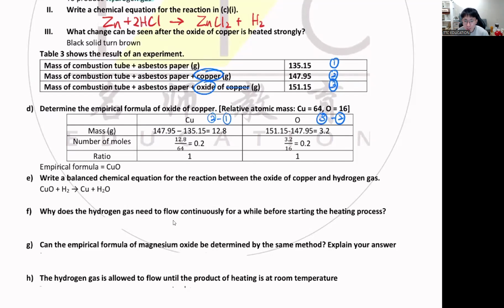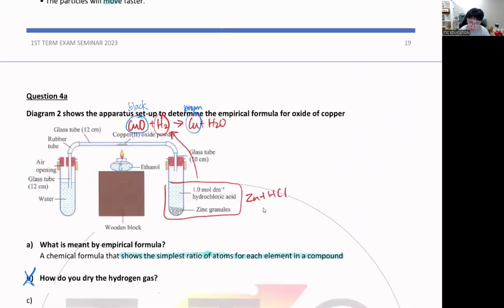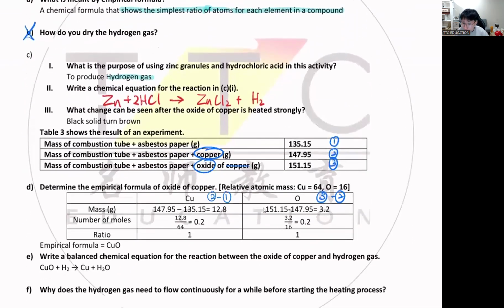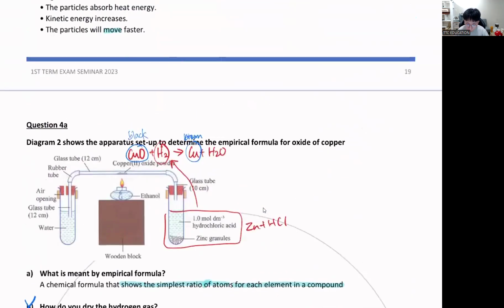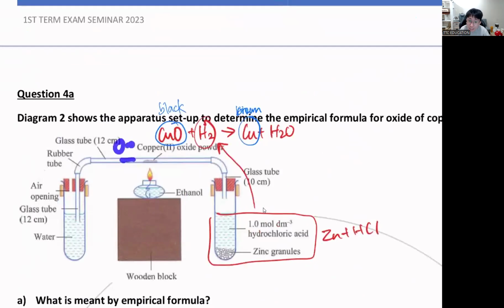Why does hydrogen gas need to flow continuously for a while before starting the process? As we said, this gas must be let to flow for around 5 to 10 minutes. If you don't do that, it might cause a possible explosion. Why? Because if you don't do that, there is some oxygen gas here, then the H2 comes in.